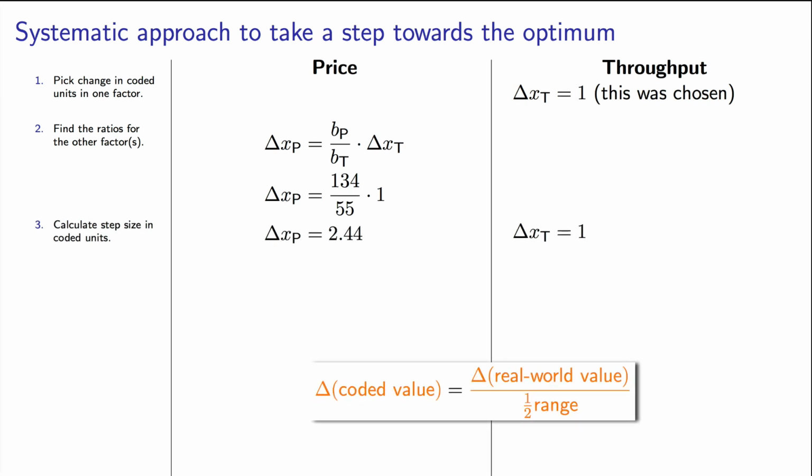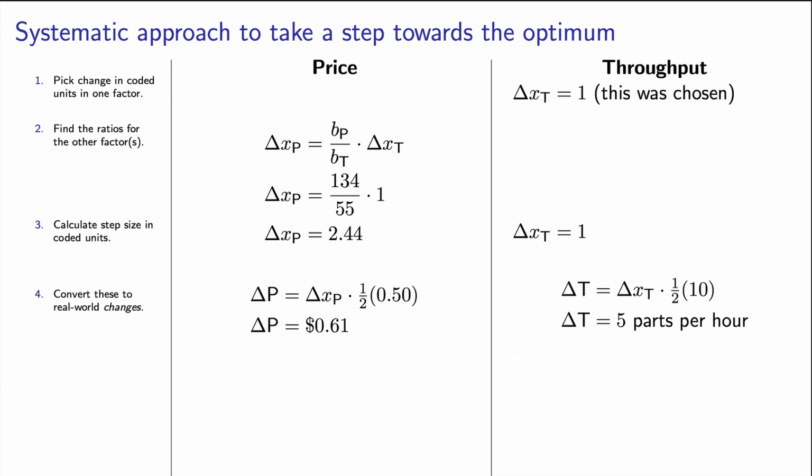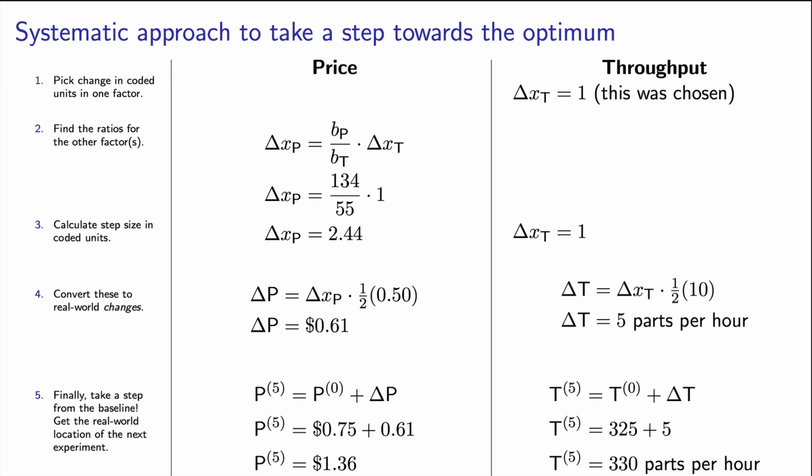Let's convert these changes to real-world units. For selling price, that's an increase of 61 cents per part. For throughput, that is an increase of plus 5 parts per hour using our previous formula. So that's my 5th experiment over here with a throughput of 330 parts per hour and a price of $1.36.